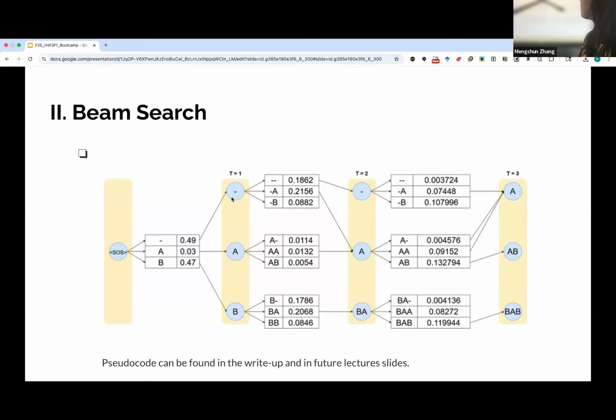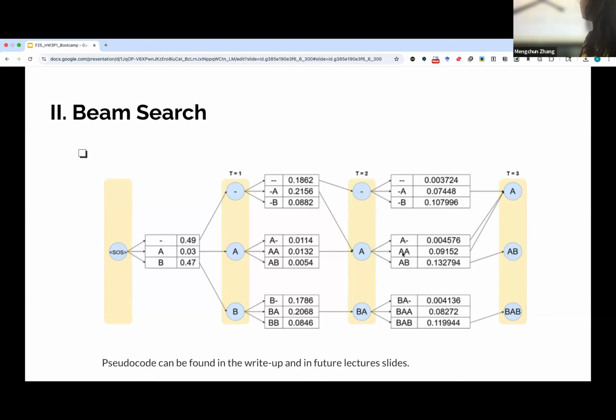And then for each partial path, we can expand it by adding additional characters, like this. Each can be expanded by adding new characters. And also, we only keep the top 3 subsequences. So you can see that at time step 2, we still only keep the top 3 subsequences.